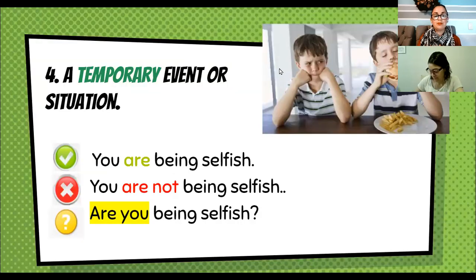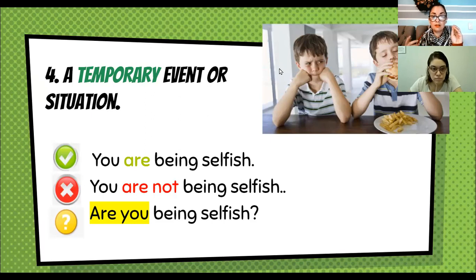Okay? Okay. All right, let's continue with the topic. So, you are not being selfish will be the way that you will deny it. And are you being selfish is the way you ask, okay? So now you know for a temporary event or situation, you will use the ing form.